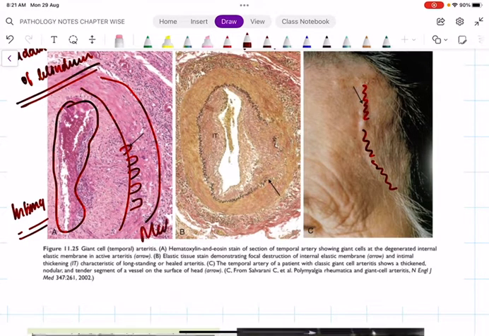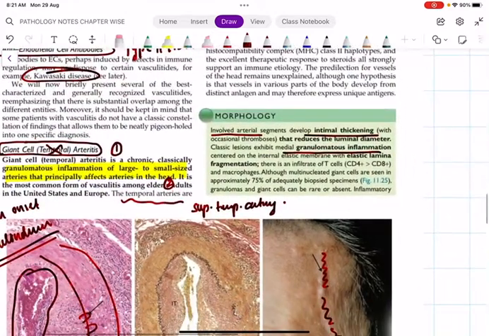In the media, granulomatous inflammation. This question was asked in AIIMS 4 years back: in which layer of the blood vessel is there granulomatous inflammation? Everyone writes intima. No, it is in the media. There is CD4 plus T cell infiltrate.